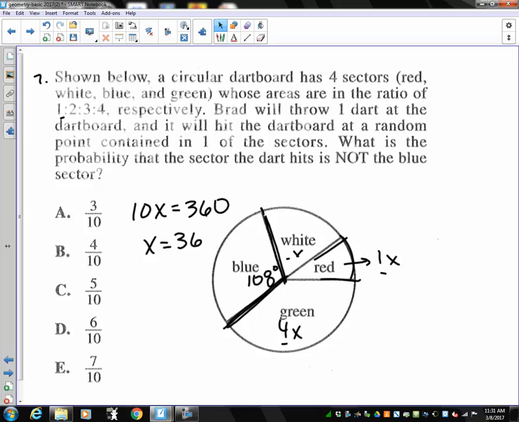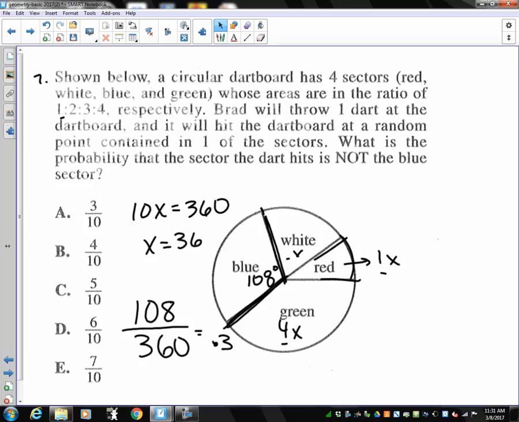Now we're looking for the probability that we don't hit the blue. Well, let's find the probability that we do hit the blue. So the probability here, remember probability we do are possibilities over all the possibilities, so that would be a part to total. So that would be 108 divided by 360. Now I get right here that this would be 0.3.